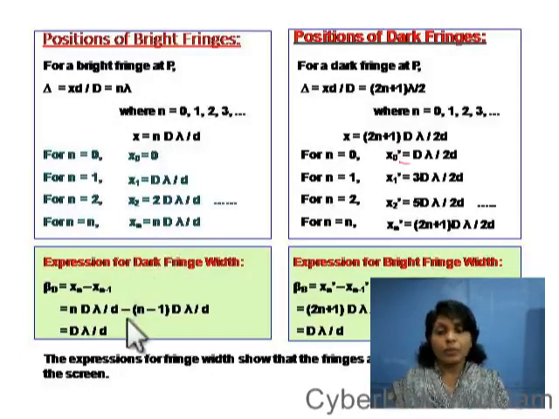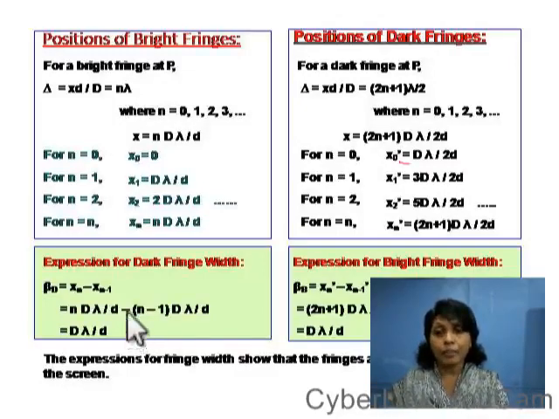Now, coming to the fringe width, the position difference between two consecutive bright or dark fringes will give you the width of the fringe.